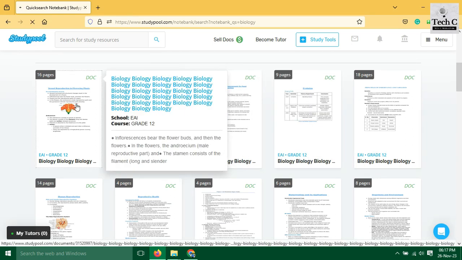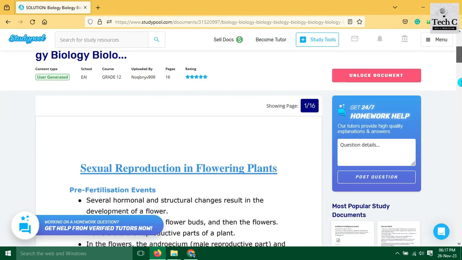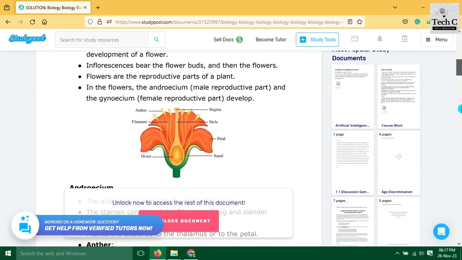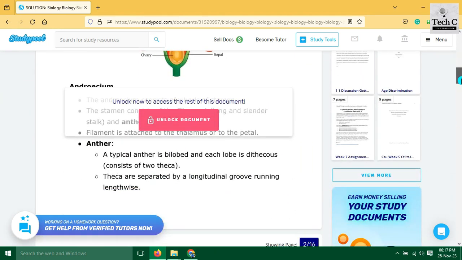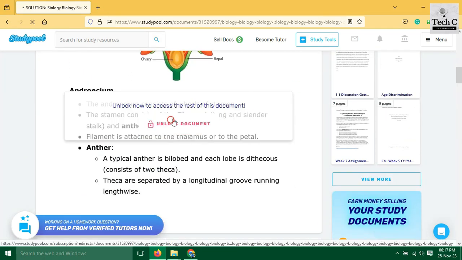The platform allows for a collaborative learning experience as students can interact with tutors to better understand the solution provided.